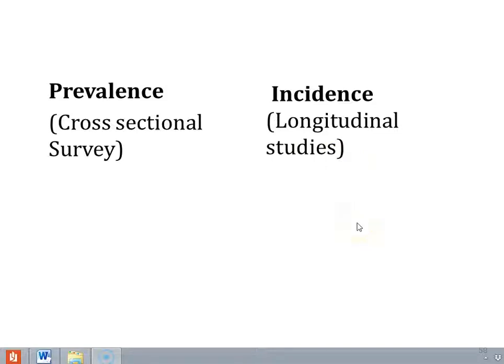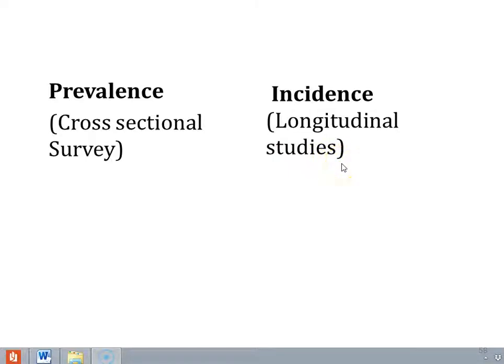If in longitudinal studies you restrict yourself to finding incidence only, that will be a descriptive longitudinal study. However, we studied that cohort studies are also called longitudinal studies, and those are analytical. Why do we call them analytical?